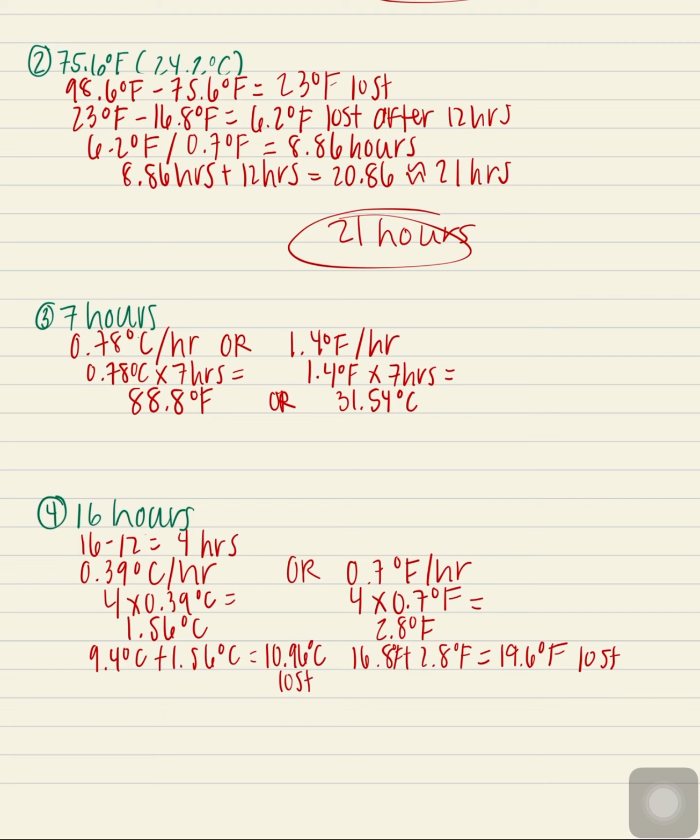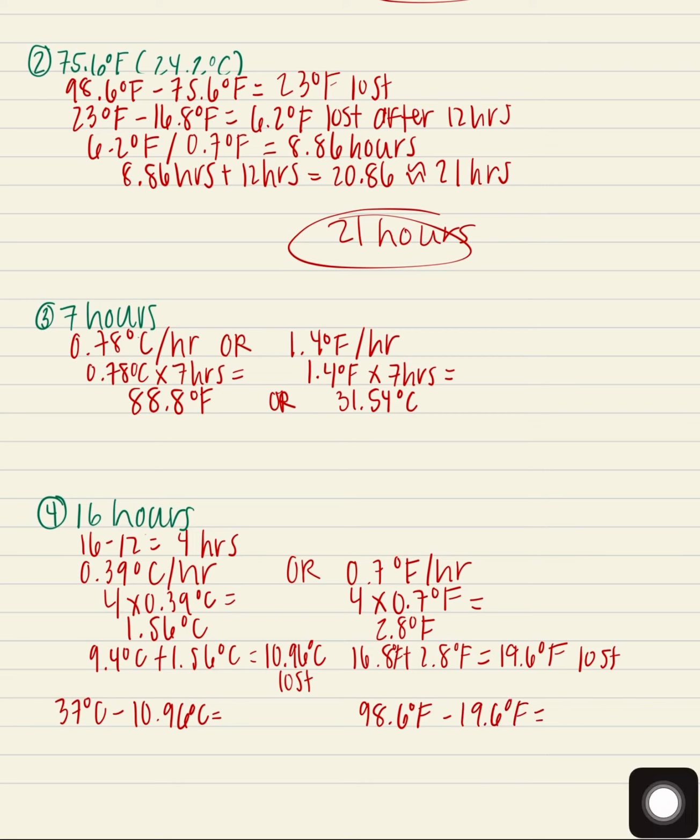And now that we have those, we have to add back our standard temperature. We have to figure out what the temperature would be. So we're going to take the standard normal temperature of 37 degrees Celsius and 98.6 degrees Fahrenheit, and we're going to subtract the numbers that we found, 10.96 degrees Celsius and 19.6 degrees Fahrenheit.